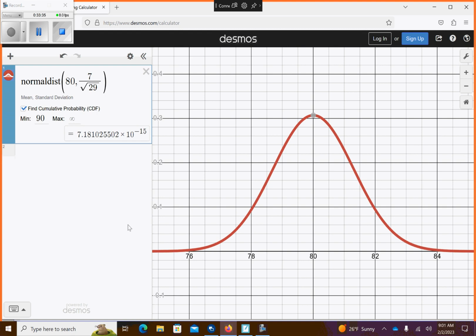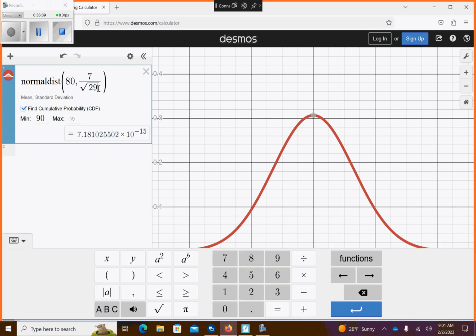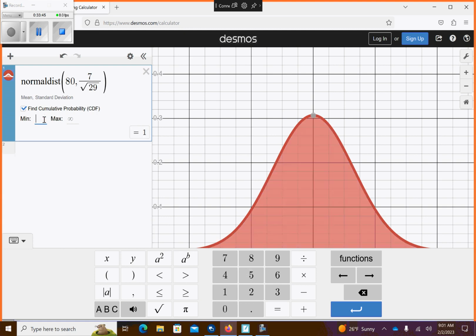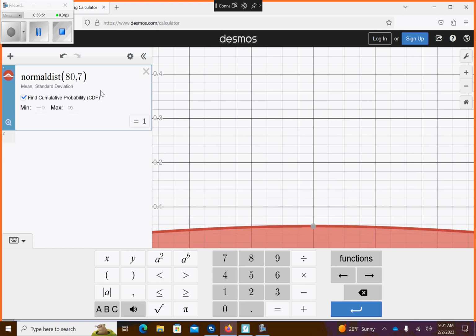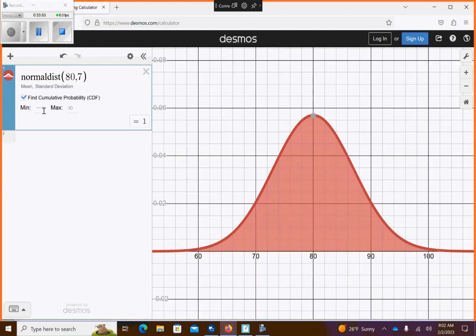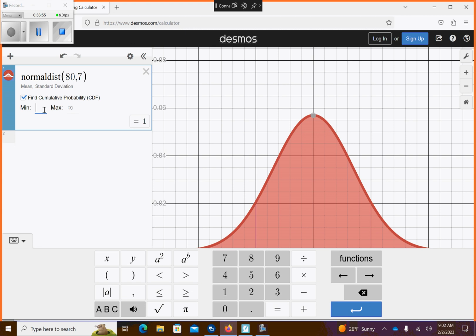Okay, so on our last scenario, let's take away our root 29 and just make it our normal distribution. If I were to say, hey, what's the chance that somebody earned between a 78 and a 84?